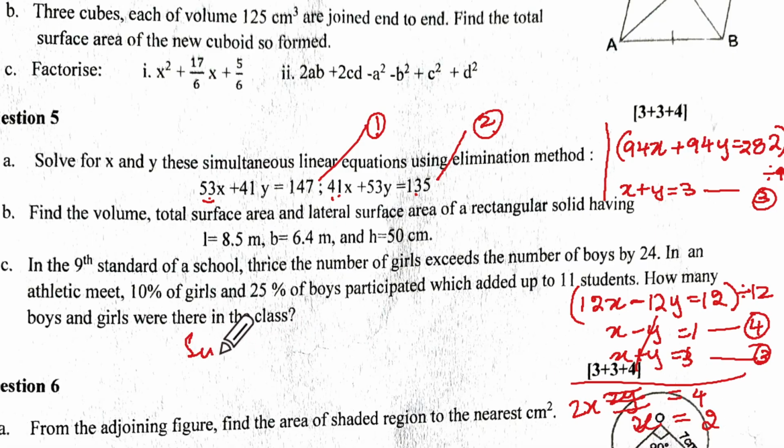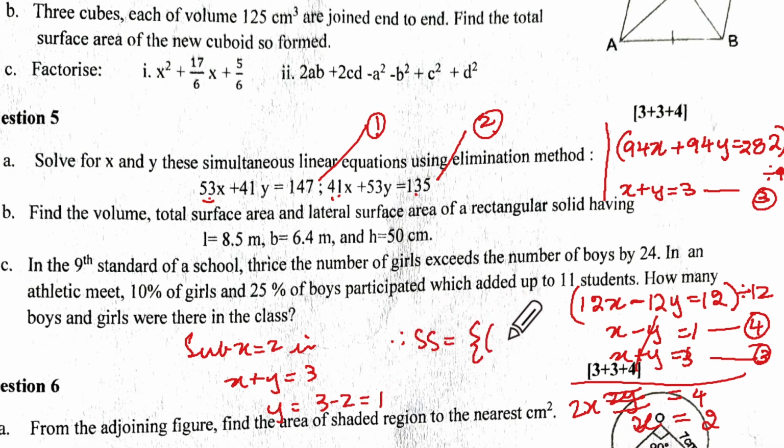Then you will say substitute x equal to 2 in x plus y equal to 3. So y will be equal to 3 minus 2, which is equal to 1. And then you'll write solution set equal to what? Tell me. (2, 1). Very good. Understanding how to proceed.